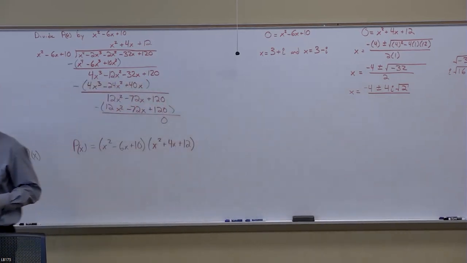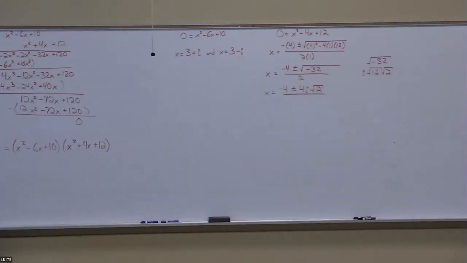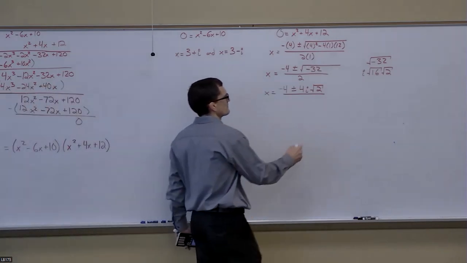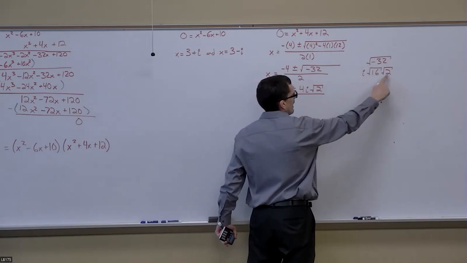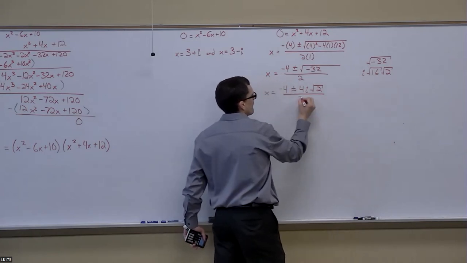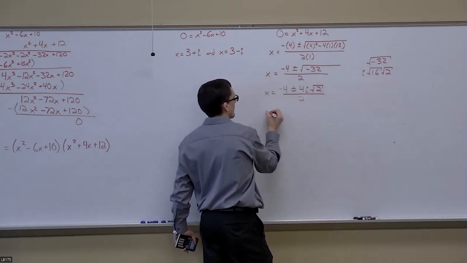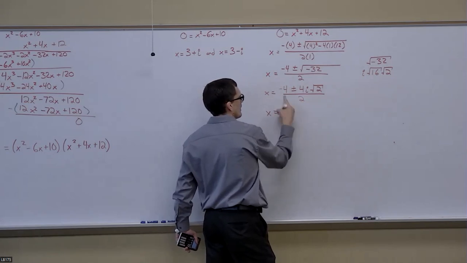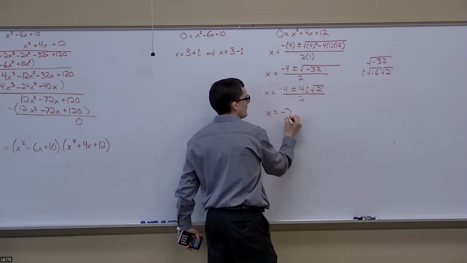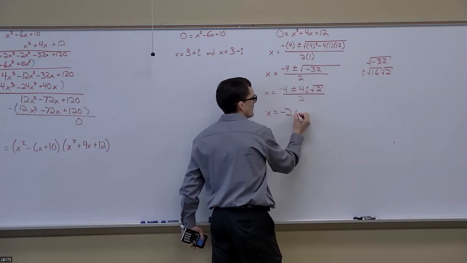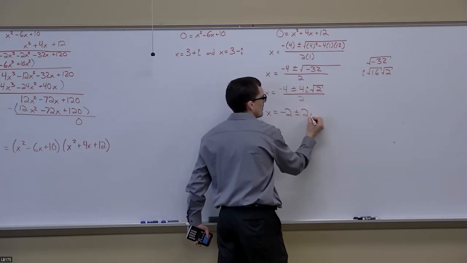I times the square root of 16 times the square root of 2. So that's 4i and a root 2. Negative 4 divided by 2 is negative 2. 4i divided by 2 is 2i.